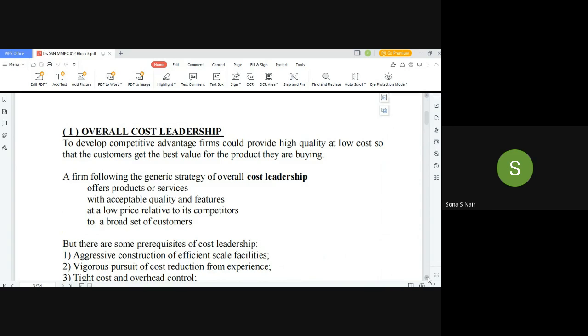So overall cost leadership says they have to make products which are acceptable, do not have too many features, and are acceptable because they are relatively lesser priced in comparison to the competitors, and that is why the consumers would buy that product, right?